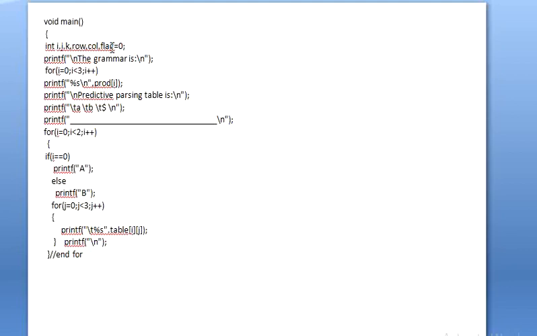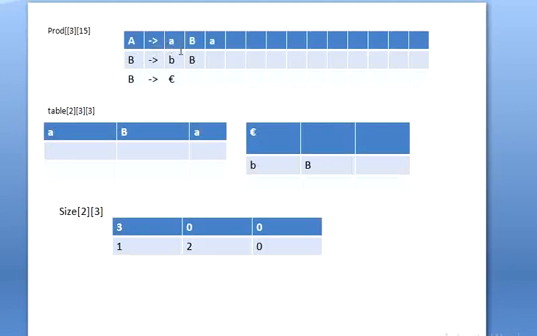First I am printing the grammar S. Look at the printf statement, the grammar is. After printing this, I am printing the production array. Look at the for loop, i equal to 0, i less than 3, i plus plus. I am printing the production array. What does my production array contain? It contains A, B, B, B, and B gives epsilon.